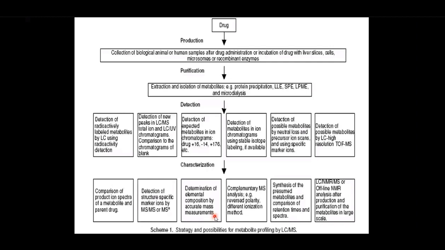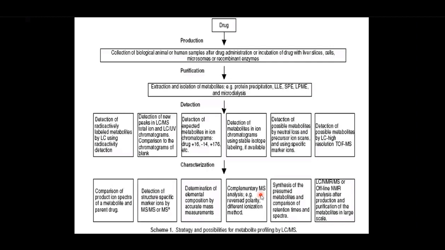Okay, then components by MS analysis, for example, complementary MS analysis, for example, reverse polarity, different ionization methods, etc. So if you are using electrospray, atmospheric pressure chemical ionization is also possible, giving you similar kind of information.